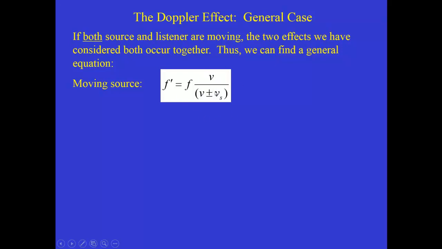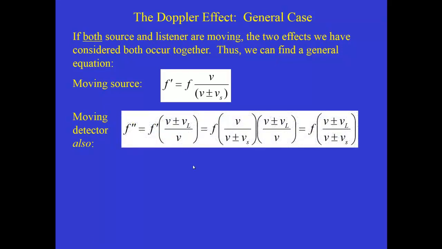We would use the plus sign if the source is moving away from the observer or the listener, because that would give the fraction a number that would be less than 1, and therefore the Doppler frequency would be shifted downward.